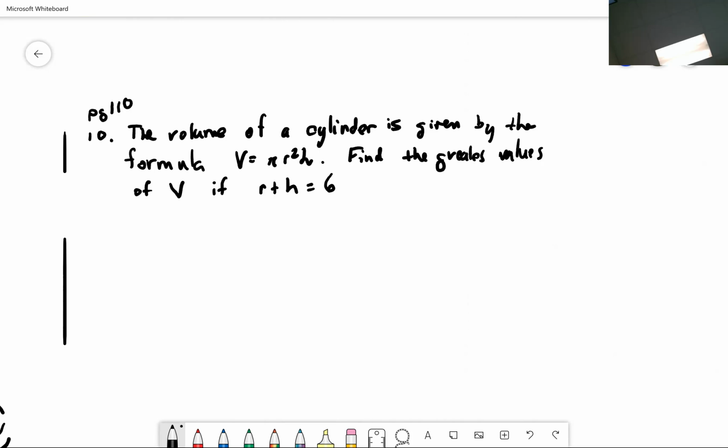So what I do is, again, like the previous question, instead of writing r plus h equals 6, I may want to say h equals 6 minus r.